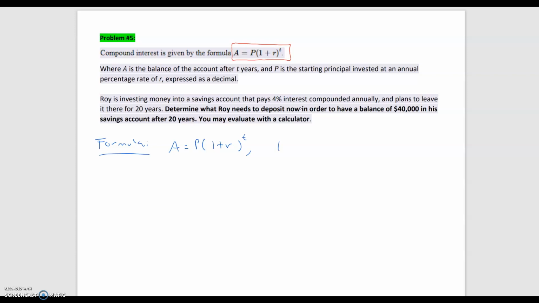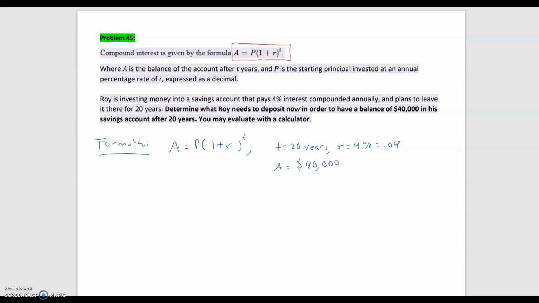So technically, T is equal to 20, and it'll represent years. The interest is going to be 4% or 0.04. And then A is going to be $40,000.